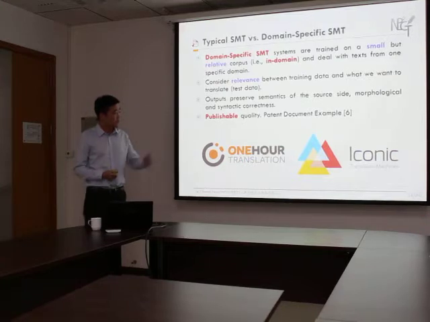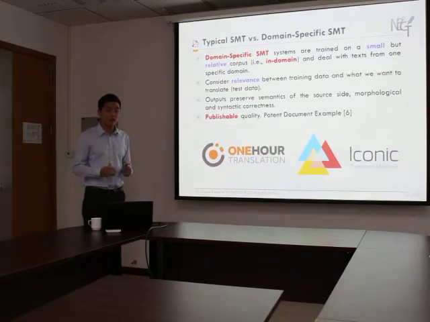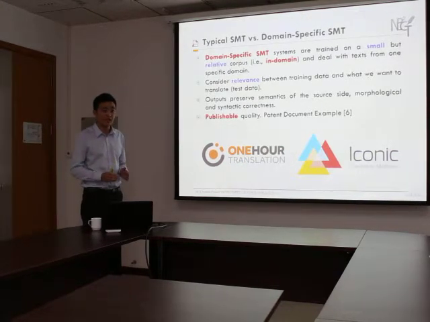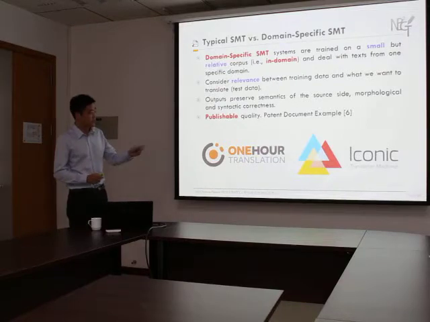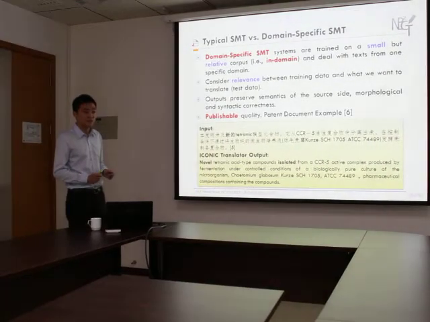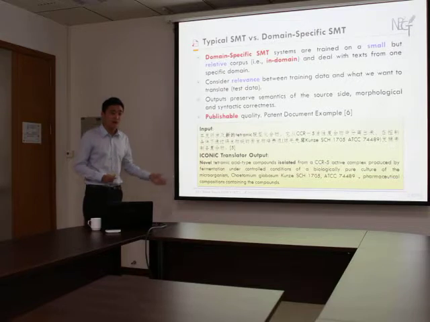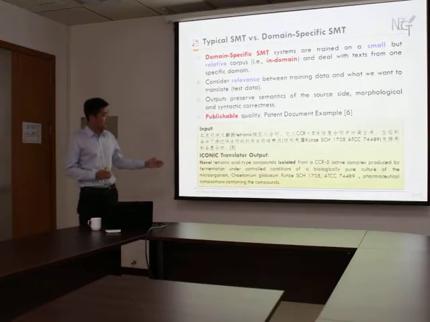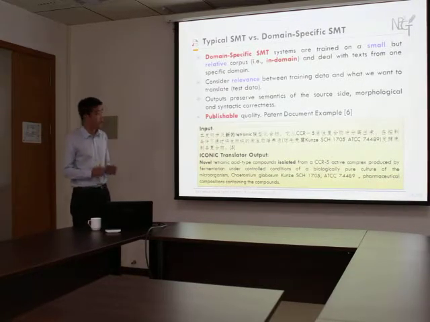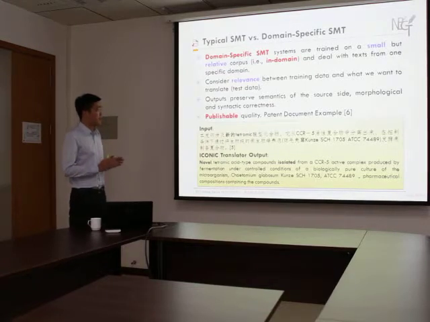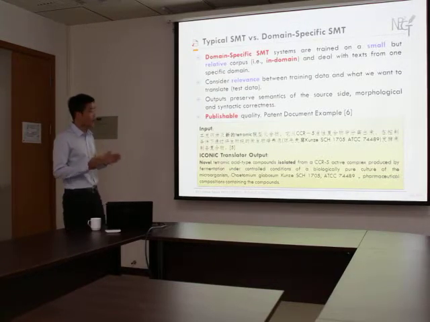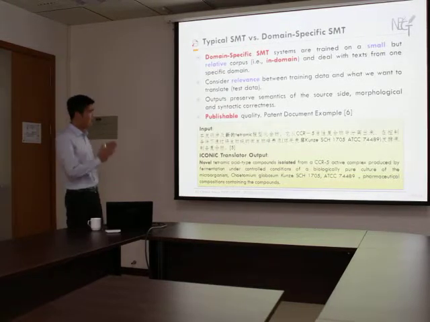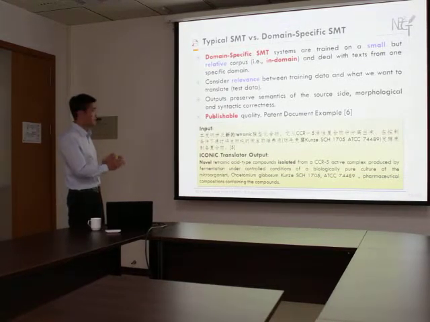The iconic translator is mainly focused on patent domain text translation. So I give it a Chinese patent sentence and get its output. I would say the English translation is perfect because it not only preserves the semantics of the source side, but also keeps the morphological and syntactic practice. I call it publishable translation quality.